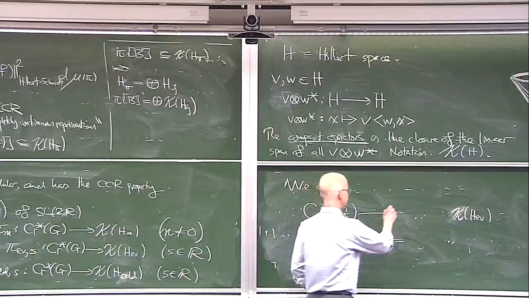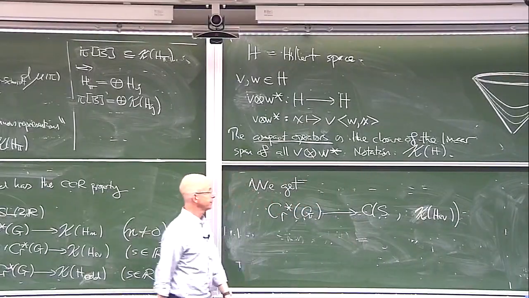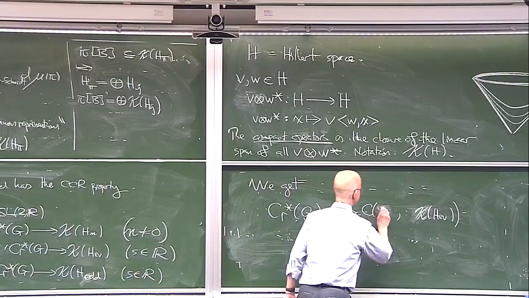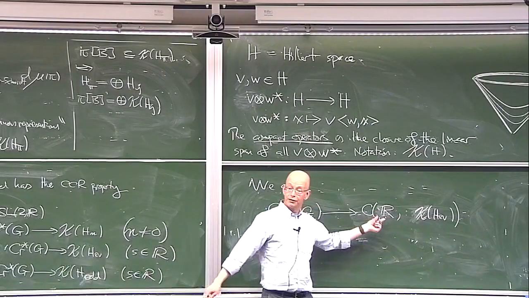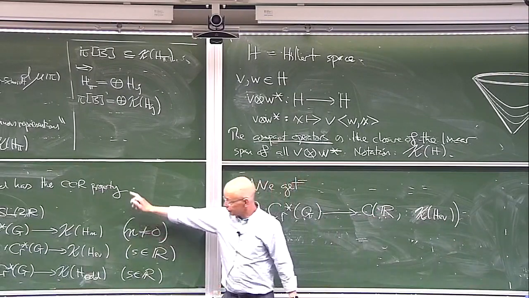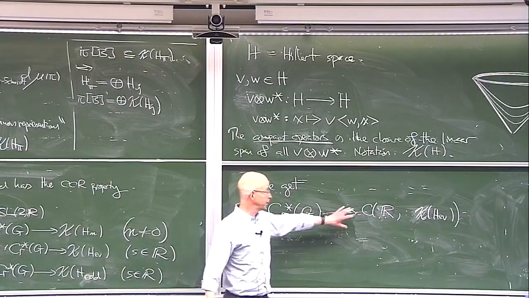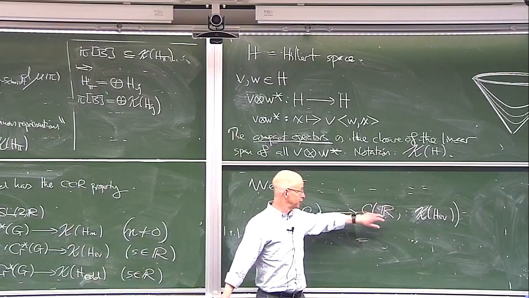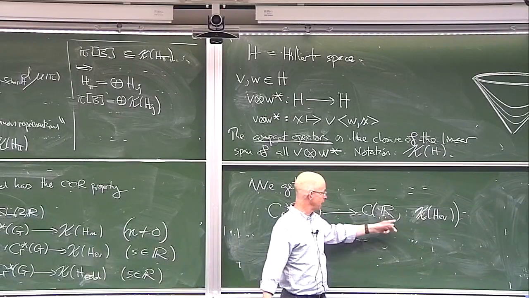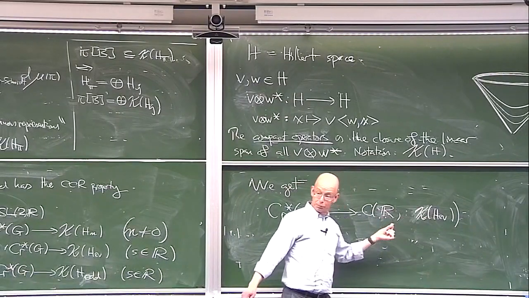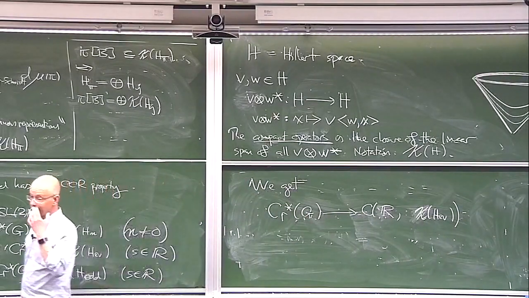Now, as s varies, I can put all of those star homomorphisms together to obtain not a single compact operator, but a one-parameter family of compact operators. In other words, the totality of this family of representations defines a homomorphism from this C-star algebra into the algebra of continuous functions from R into the compact operators. And the way it works is that the value of such a function at a particular point s is just pi sub s of the corresponding element in the C-star algebra.